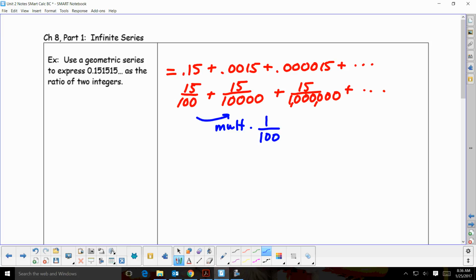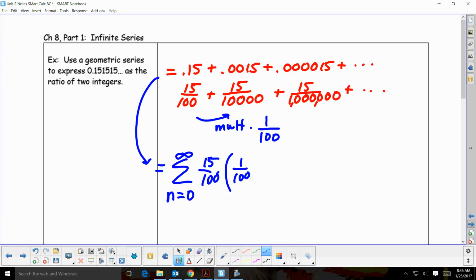So we're going to rewrite it into the summation formula. What's our A value? The A value is the very first one. Oh, 0.15, yeah. Sorry, I'm going to use fractions. What are we multiplying by? What's our R? 1 over 100 to the n.